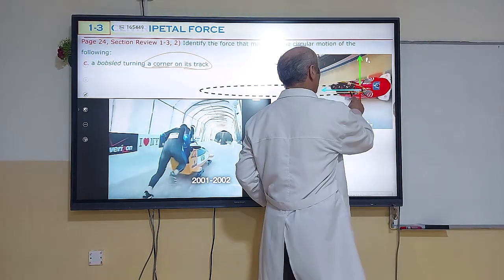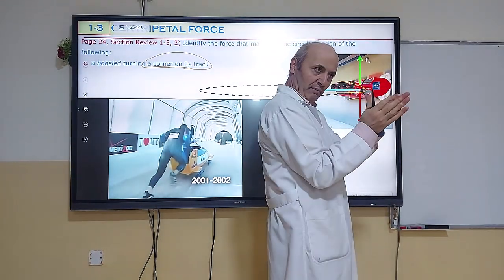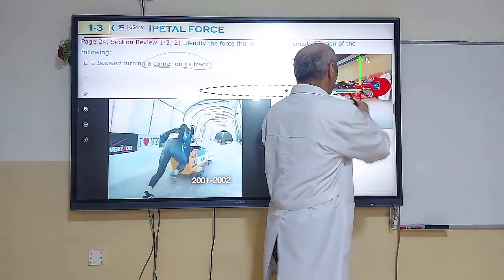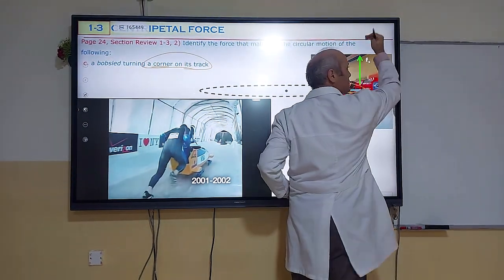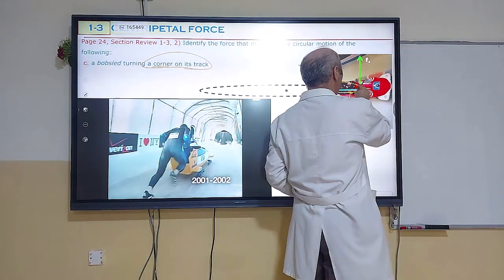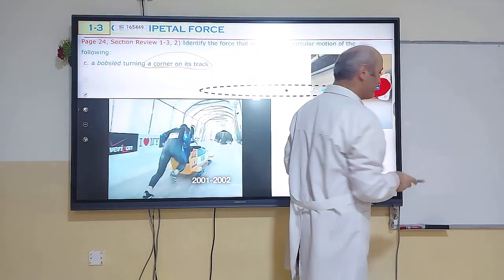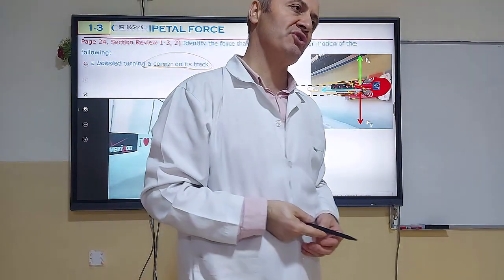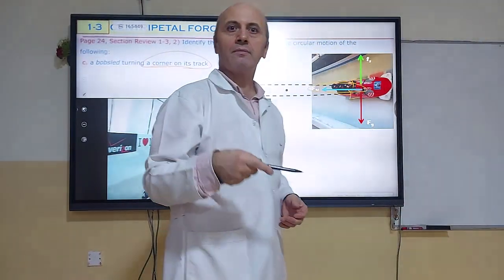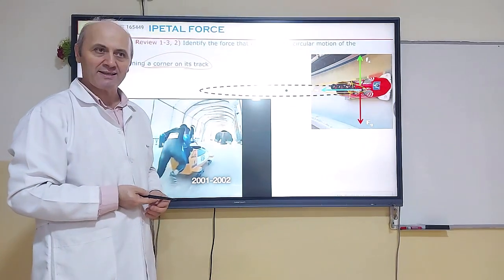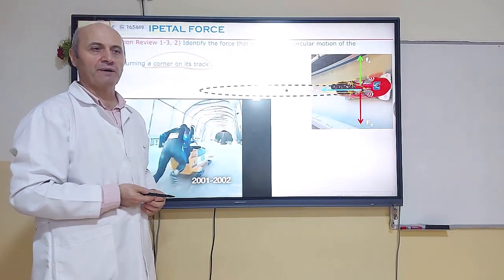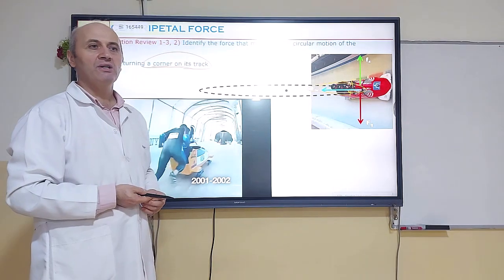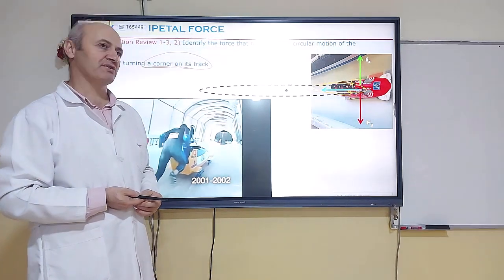In effect, there is a blade under the bobsled. This blade makes a trace on the ice and produces an upward force, but this is also ineffective. Only effective forces count. So in the bobsled example, which force provides the centripetal force while it's making a turn? It's going to be the force applied by the vertical side of the track.